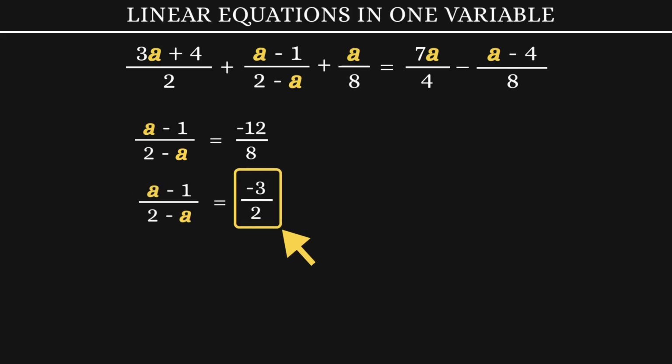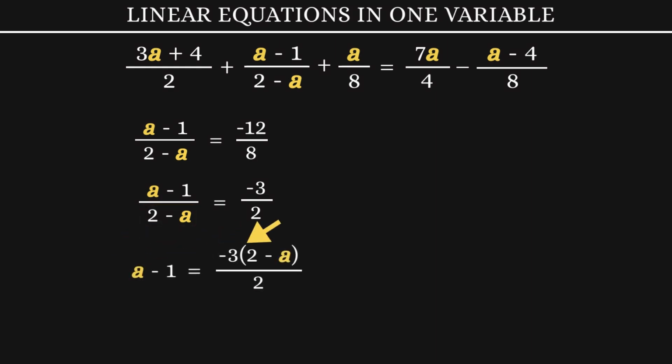Now listen carefully. Let's take this whole denominator 2 minus a to the other side. Here, let's not make the mistake of removing this minus a separately. We'll have to move the entire denominator to the other side. Now, division becomes multiplication.